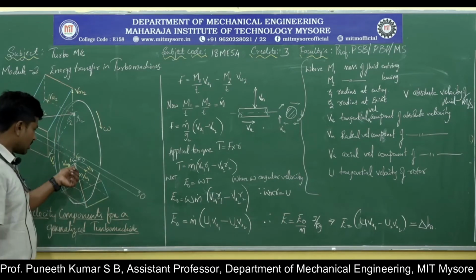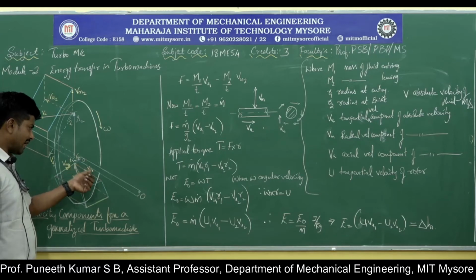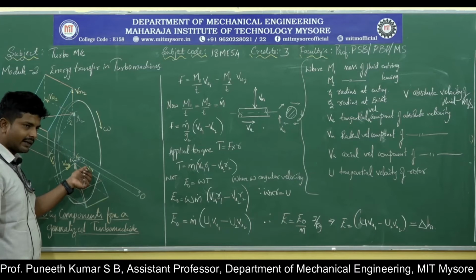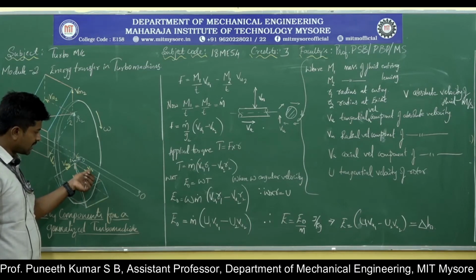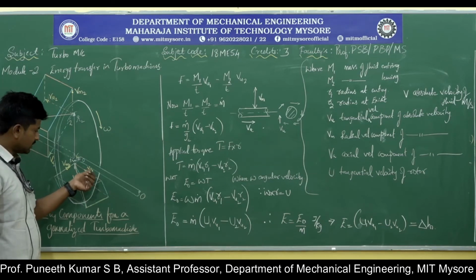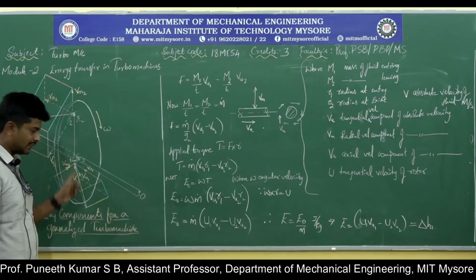By resolving V1, I get Va1, the axial velocity component of the absolute velocity at the entry.